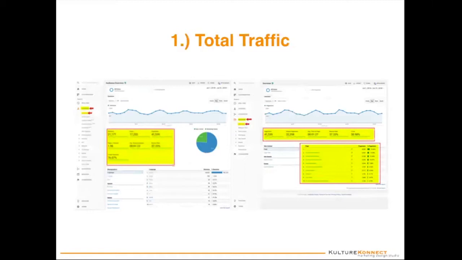So it is basically the total number of people who have visited your website during a given period of time. In Google Analytics, you can set this period of time to be a couple of days, a day, a week, a month, a few months. So the total traffic will be that number of people that had visited your website during that given period of time.